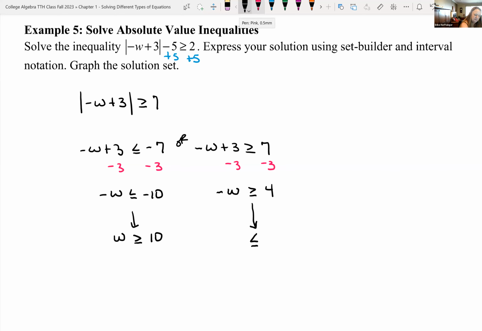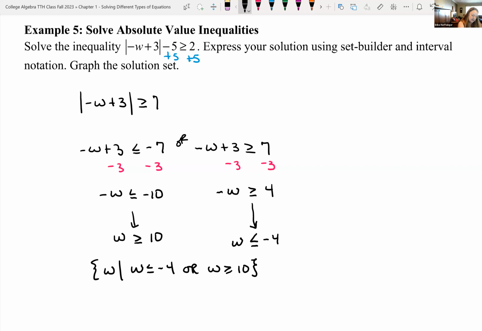Dividing through by negative 1, we get w, negative w divided by negative 1 is positive w, and 4 divided by negative 1 is negative 4. So set builder notation, we got w such that w is less than or equal to negative 4, or w is greater than or equal to 10.